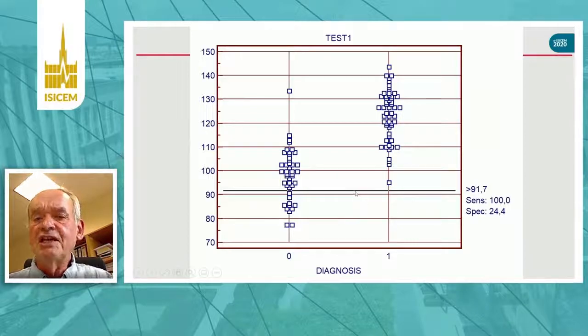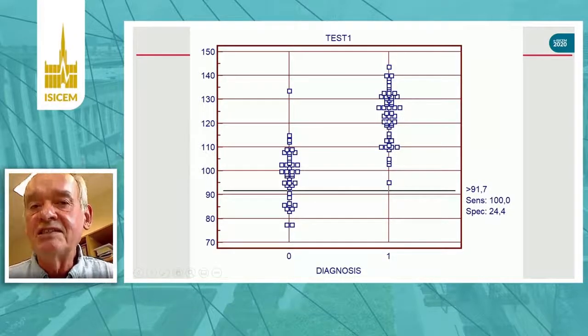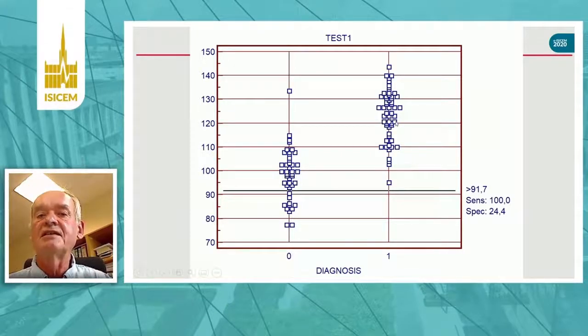If you now change the cutoff and scroll down and say, oh, let's take 90, maybe then we have a higher sensitivity. That's true. However, you lose specificity, because you increase the sensitivity on the right-hand side, but you lose specificity because you go down, you lose the negative patients with a negative biomarker.